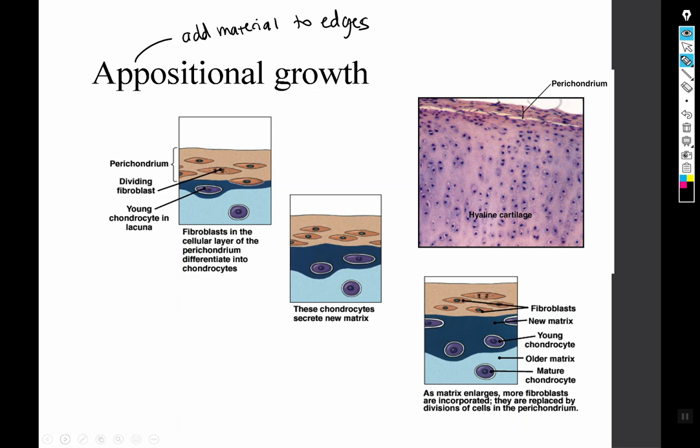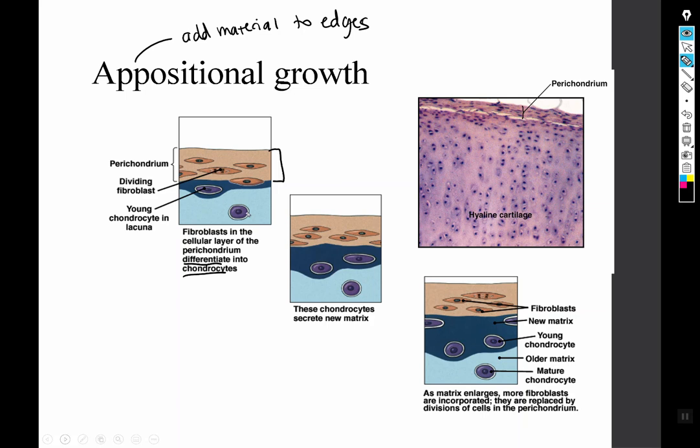So here you can see exactly the process that I just described. We have the outer layer of the perichondrium here, and it contains fibroblasts. And then as those fibroblasts move in, they differentiate into chondrocytes, well, first chondroblasts, and then they turn into a full chondrocyte when they're fully ensconced.